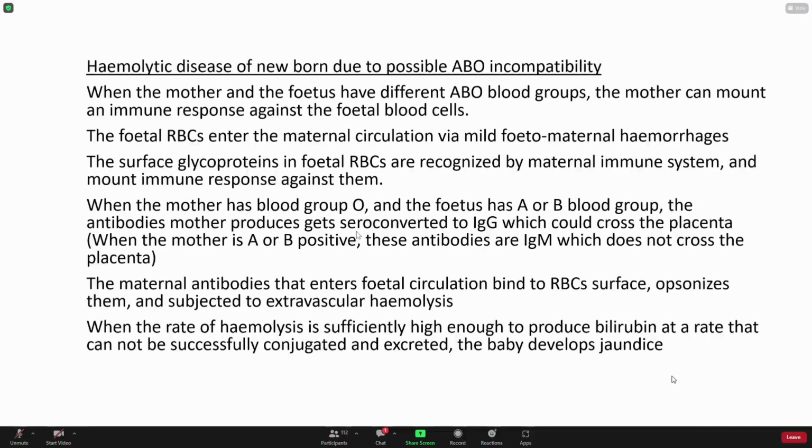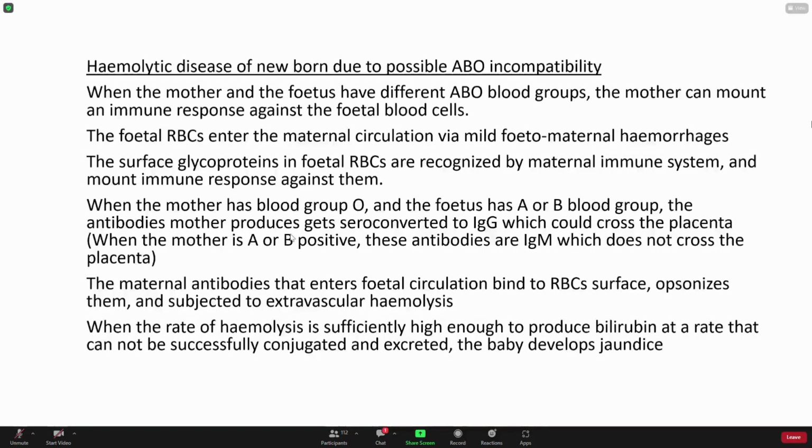That's why this ABO incompatibility occurs most of the time when the mother has the O blood group, right? So if the mother has O blood group, the antibodies she produces are of IgG type, which can cross the placenta.